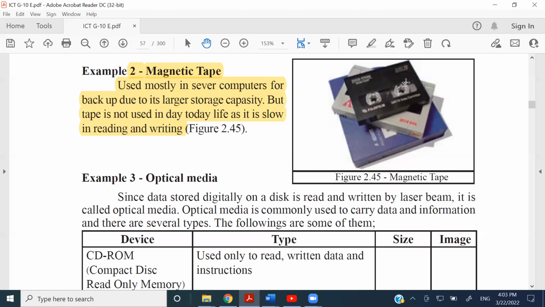So that's another magnetic type of medium. Right, one is done. How about others?